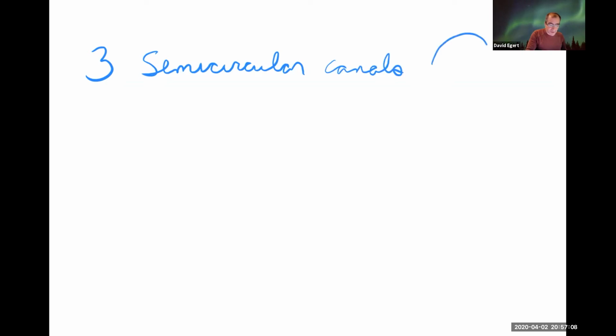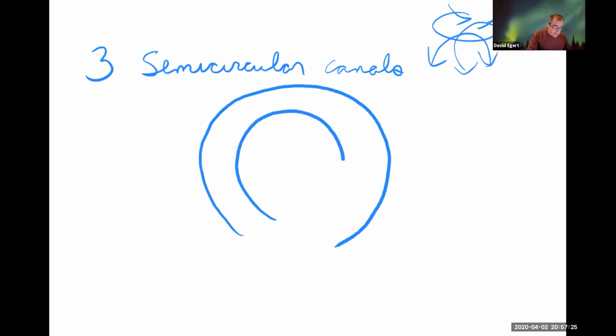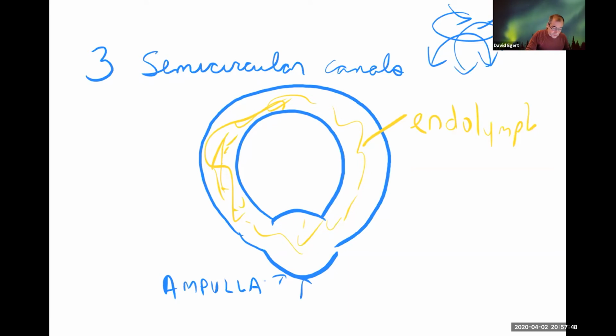They're basically the 3 different rotational axes, and each one basically looks like this. It's got a semicircular canal, and it's got this swelling called the ampulla. It's filled with fluid. Endolymph is the fluid in there.